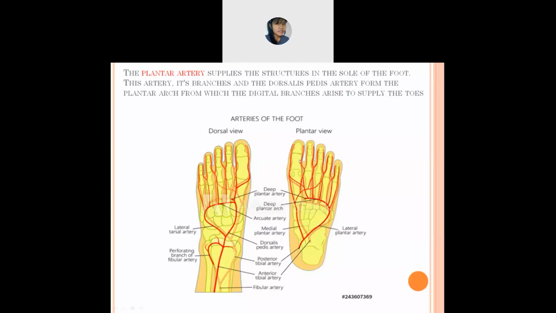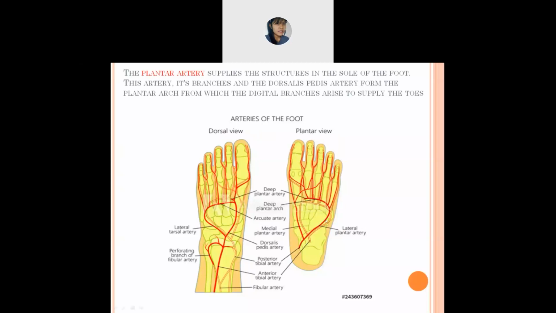This is the sole of the foot, and on the plantar side you will find the plantar artery and the dorsalis pedis artery. They will form the plantar arch.